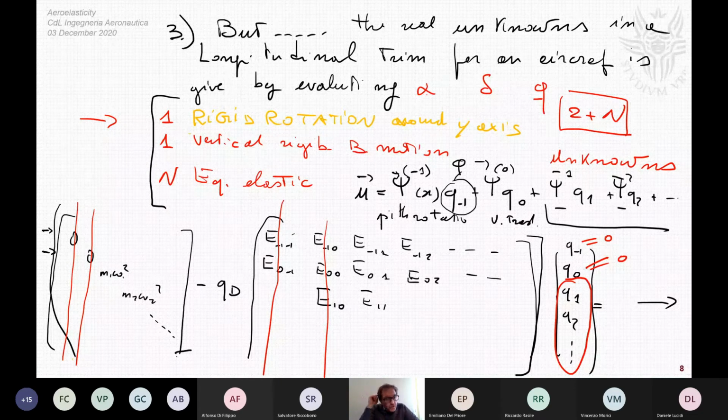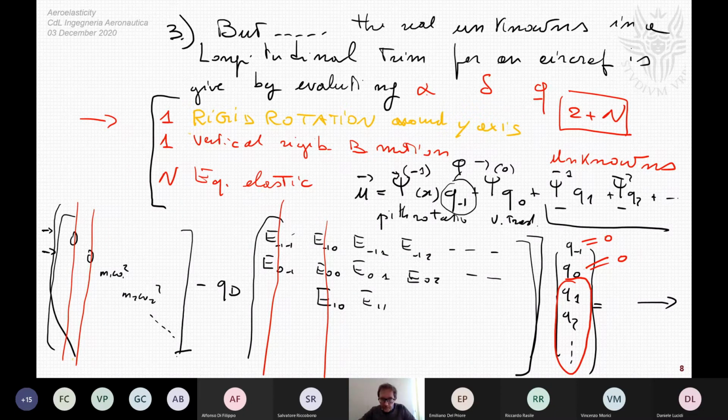But you have to introduce, of course, one further equation, and the second equation to be introduced is the rigid body motion equation with respect to the pitch axis. So the moment with respect to a y direction axis.